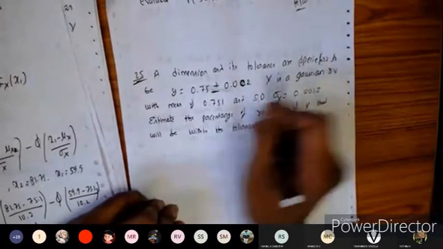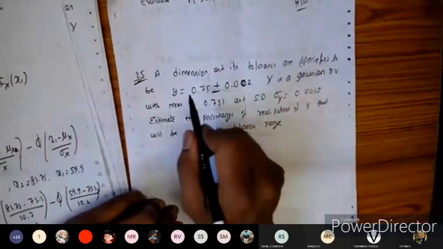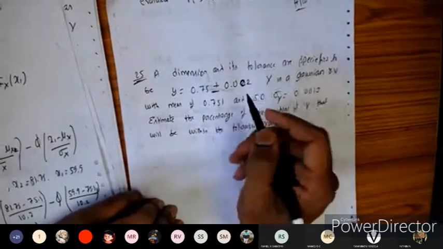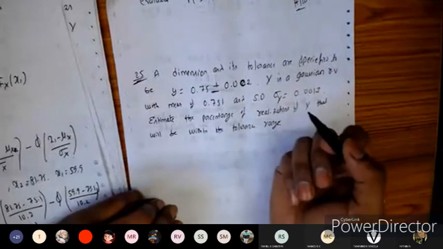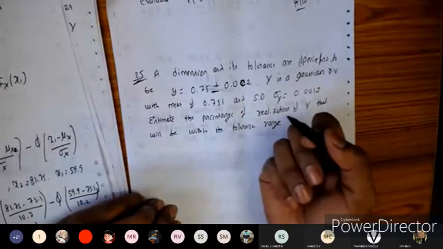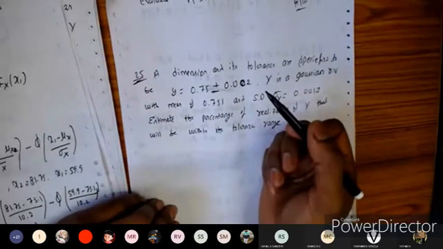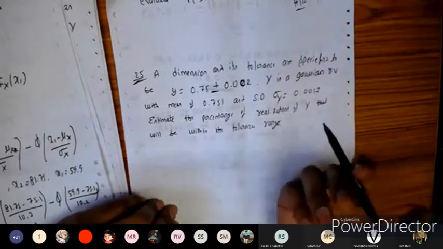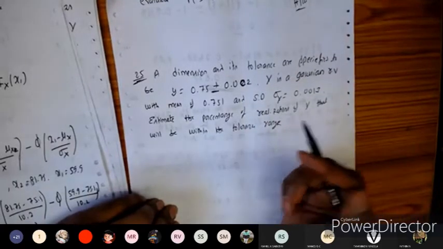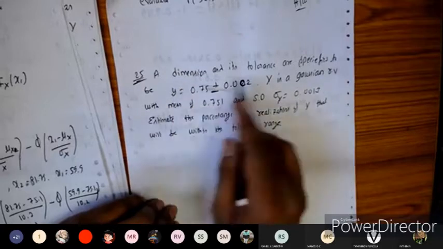It is being given the dimension and tolerance. For example, if you take any resistor component here, the tolerance will be given plus or minus 5%. If you take a 1 kilo ohm resistor, plus or minus 5% means it will be plus 50 ohms or minus 50 ohms, so it may be 1 kilo or 950 ohm. Like that it is given here.